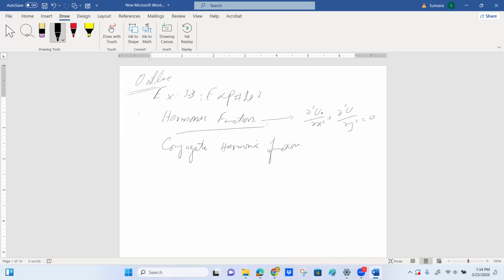You can write phi here because u is the real part. That's why I mentioned here partial square phi over partial x square plus partial square phi over partial y square is equal to 0. Now its outline is exercise 3.3, example number 1 and 2.